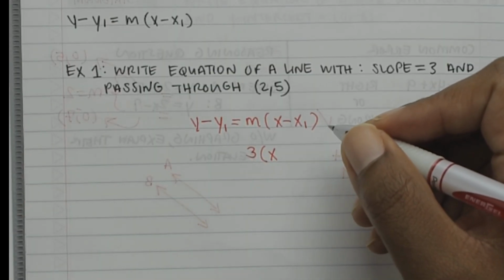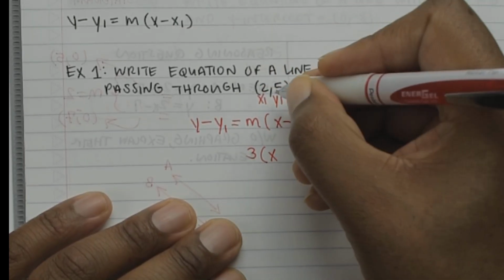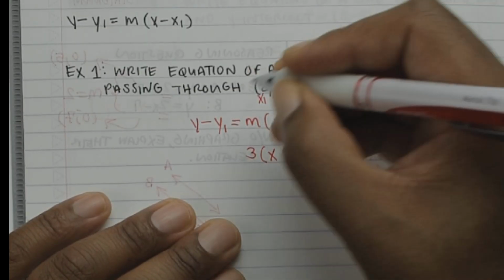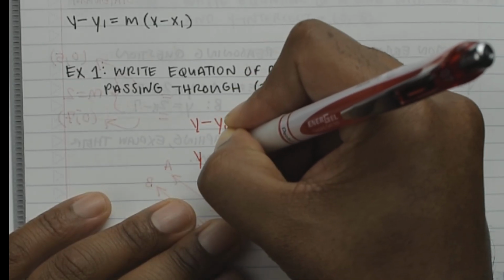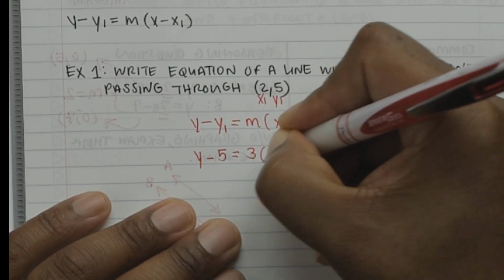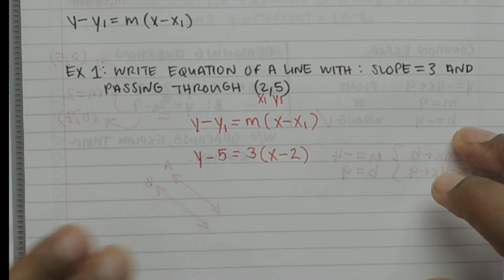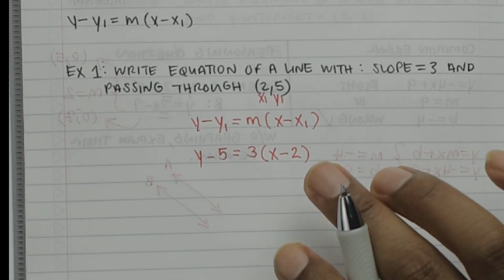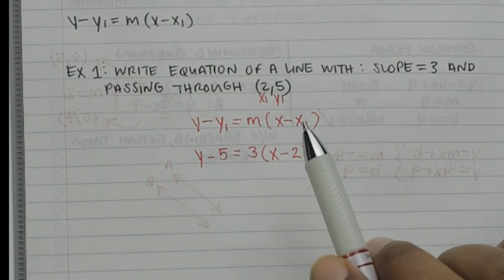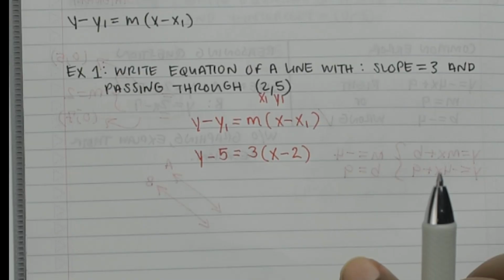And I also know that we do have a point, x1, y1, so those can be substituted as well. y1 is 5, so we have y minus 5 equals 3(x minus 2). This is already a correct equation of the line.